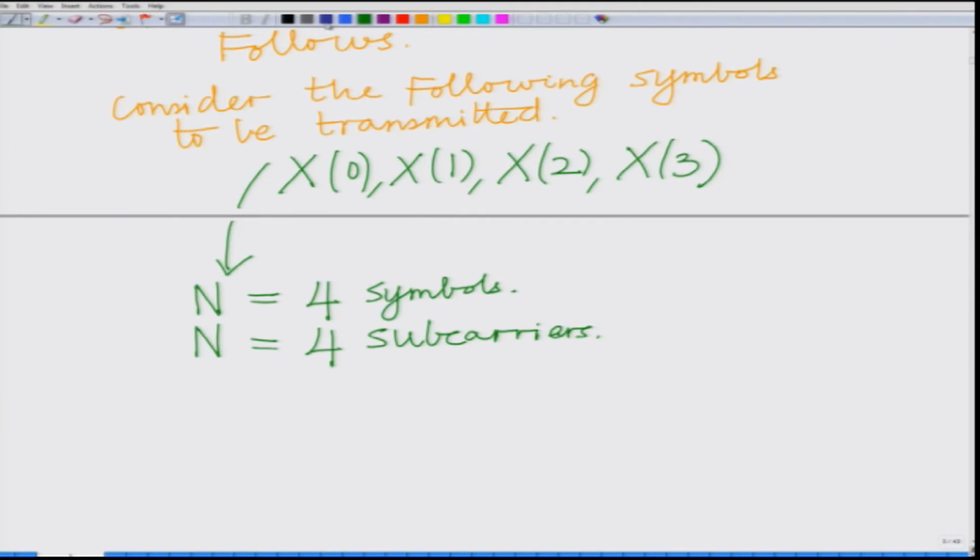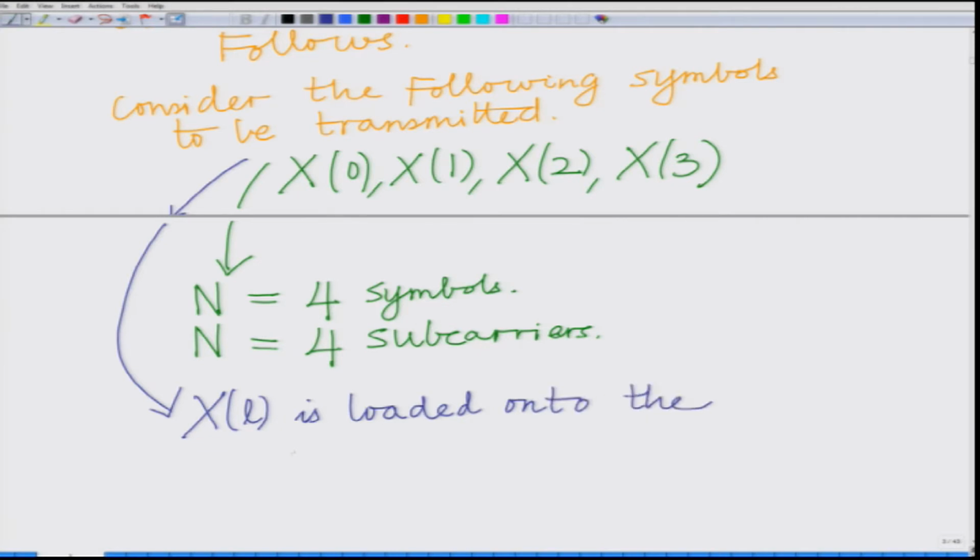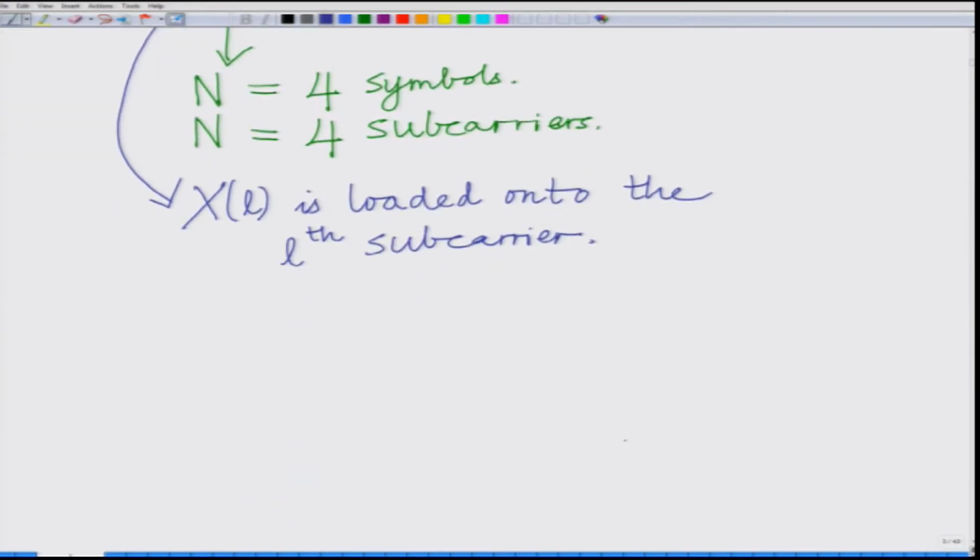Capital XL is loaded onto the Lth subcarrier. There are 4 symbols, they are loaded onto the 4 subcarriers. In a general scenario, you have capital N symbols and they are loaded onto the capital N subcarriers.